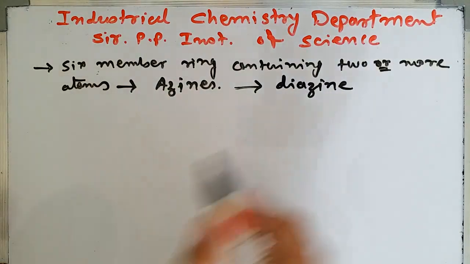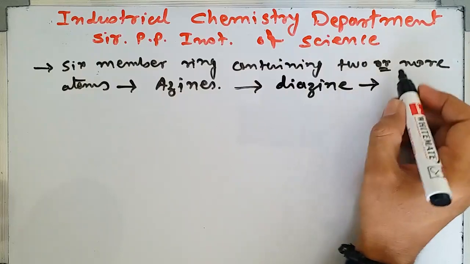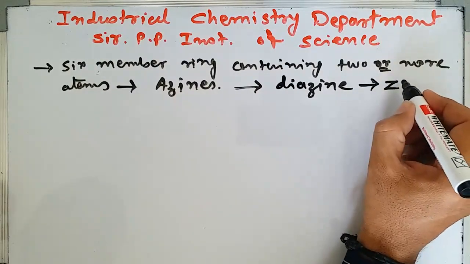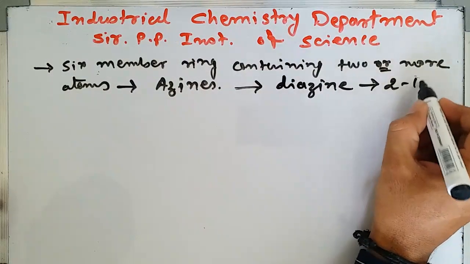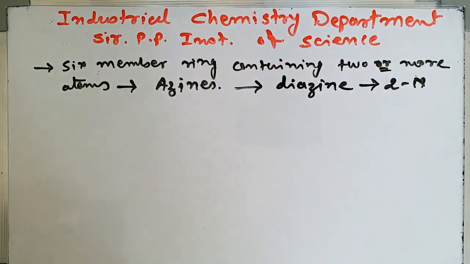If we have two nitrogen as heteroatoms in the six-member ring structure, they are known as diazines or azines.